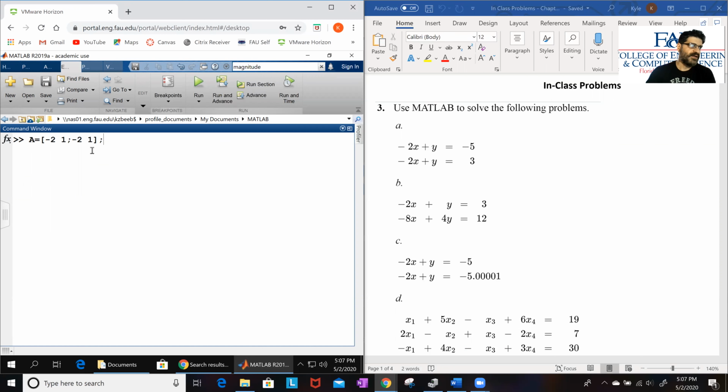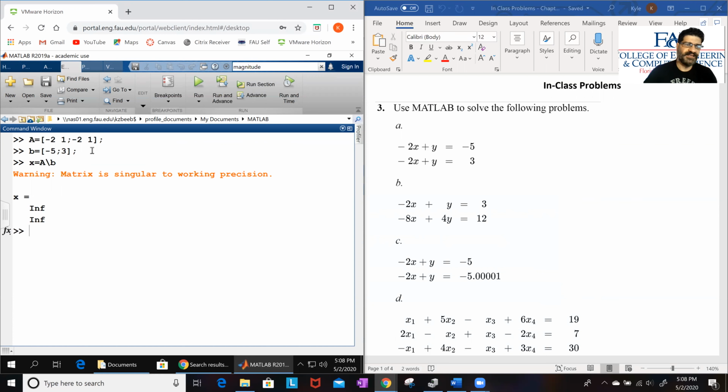So B, or just X, here is -5 and 3. Then X is equal to A left division B. Let's see what we get.